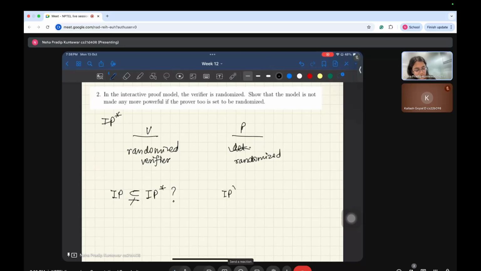In fact, IP star is same as IP. Also note that this is not a general class. I'm just choosing to call it IP star for now, but it's not a generally studied name as such. Okay. So why is this?